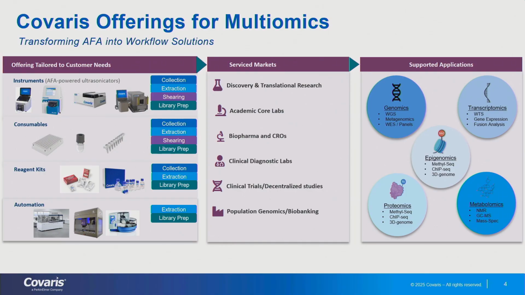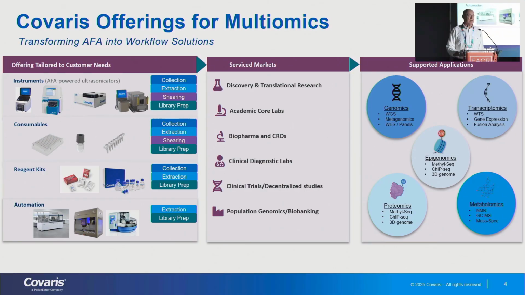And for this, we serve more or less any market that uses biological molecules. And we can also support applications for any kind of omics. So we have solutions for genomics, transcriptomics, methylomics, or methylation analysis. We can also do it for metabolomics.